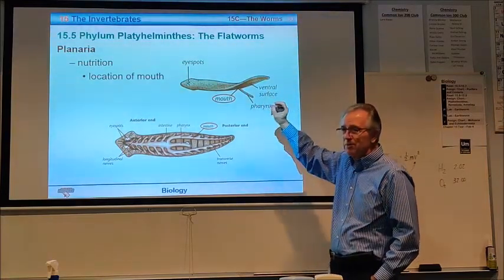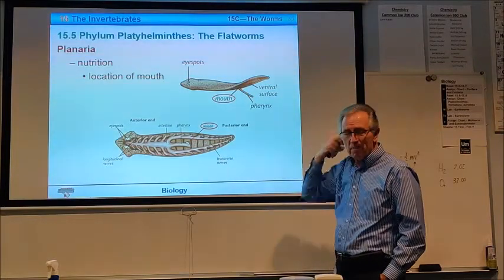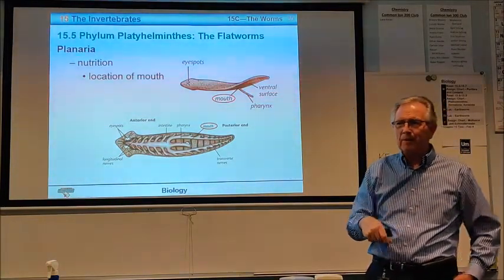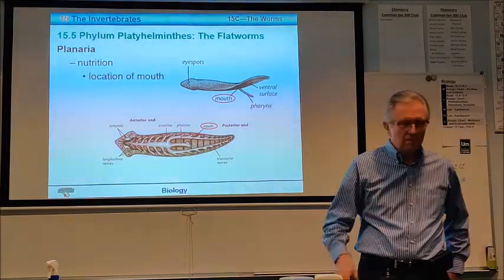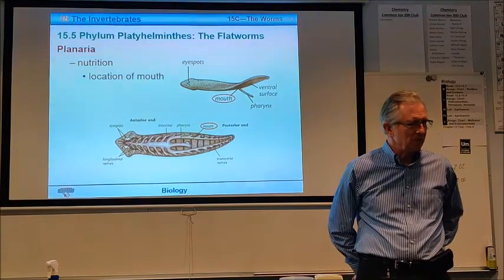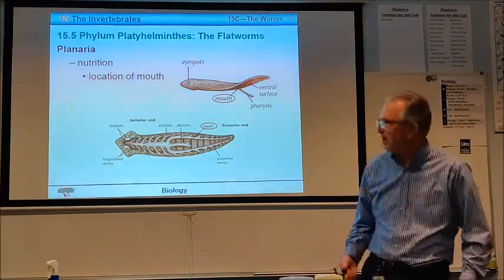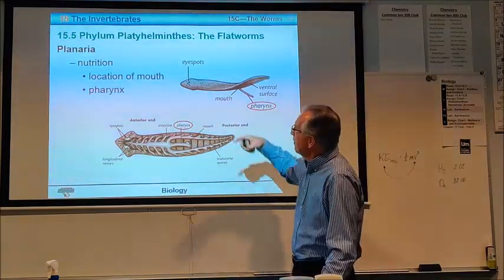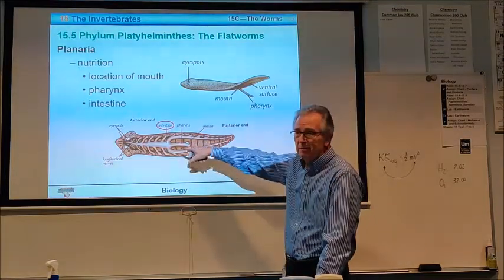Ventral means bottom side. The way I remember that the ventral is the bottom side is on the bottom of a jacket, you sometimes will have a slit, or they sometimes call it a vent slit, or something of a vent. So that's why I just think it's on the bottom side. So they have a mouth, and then they have a pharynx, and they have an intestine.